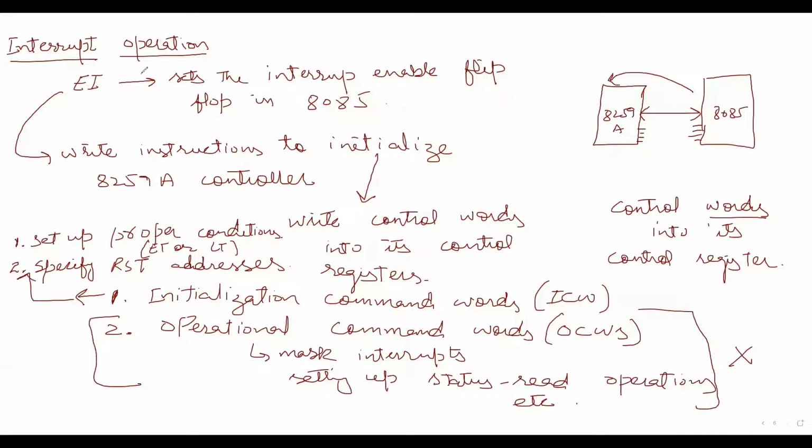So what I said, the first part is to have the enable interrupt instruction. Then we have to write instructions to initialize the 8259A controller.